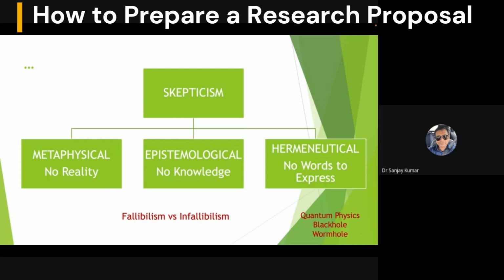That is, do you agree that it can be wrong? Or do you believe that no, I can never be wrong? That means you are supporting infallibilism with regard to that knowledge. And infallibilism cannot be defended in philosophy and sciences.